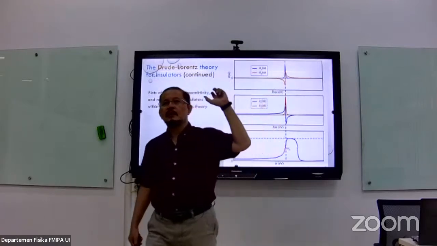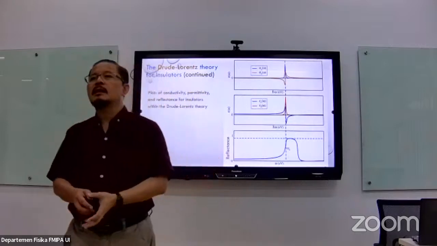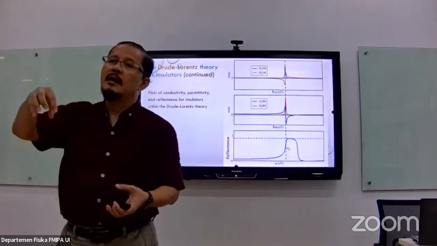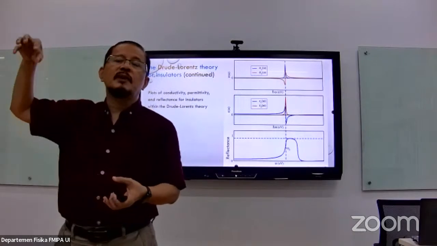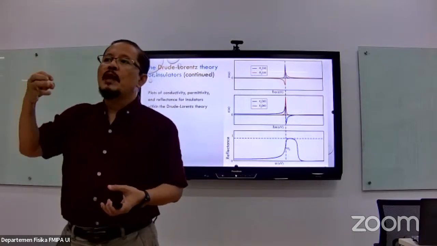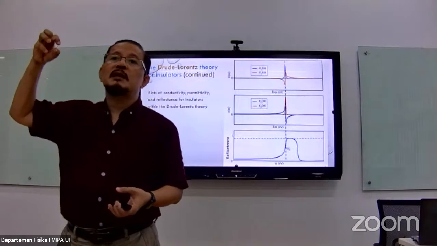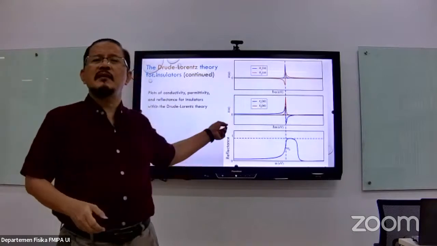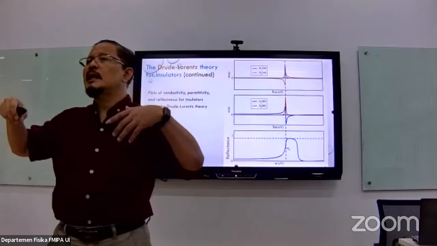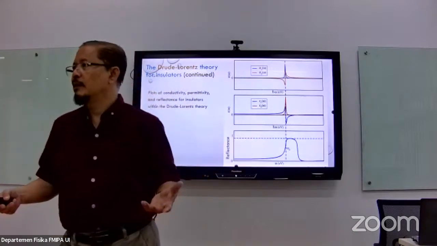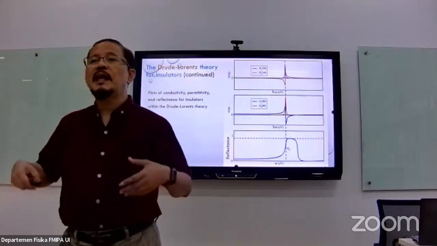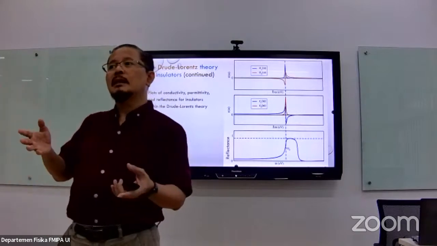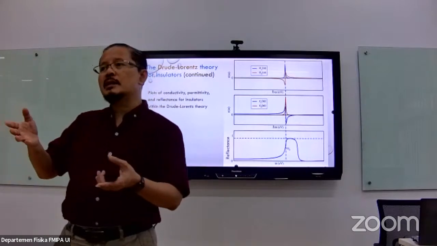What does that mean? That means even if we apply an electromagnetic wave with some frequency dependence, the zero conductivity means that the electrons don't respond. If the electrons don't respond, it means they will let the light through.